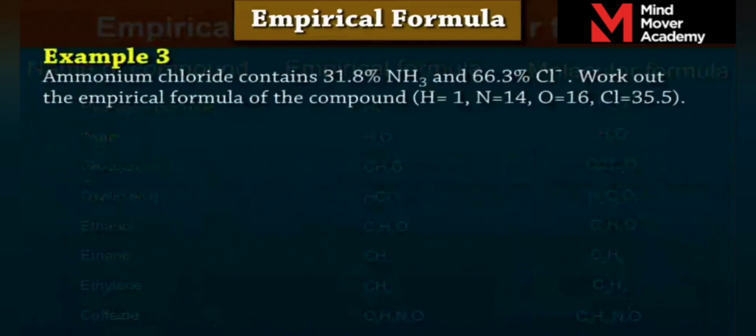Ammonium chloride contains 31.8% NH3 and 66.3% chloride ion. Work out the empirical formula of the compound. H is equal to 1, N is equal to 14, O is equal to 16 and chlorine Cl is equal to 35.5. Let's solve this.